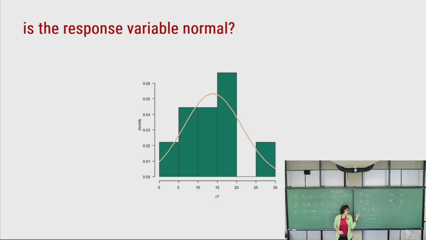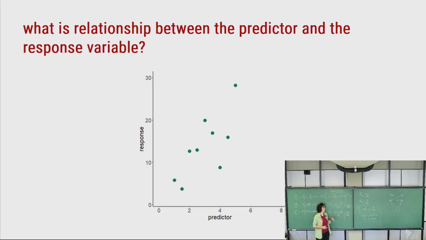I randomly generated this data, so I can guarantee that this comes from a normal distribution, but here we have a small sample size. That's why we are not really close to a normal distribution, but let's believe that we can stick to that and keep doing our model.